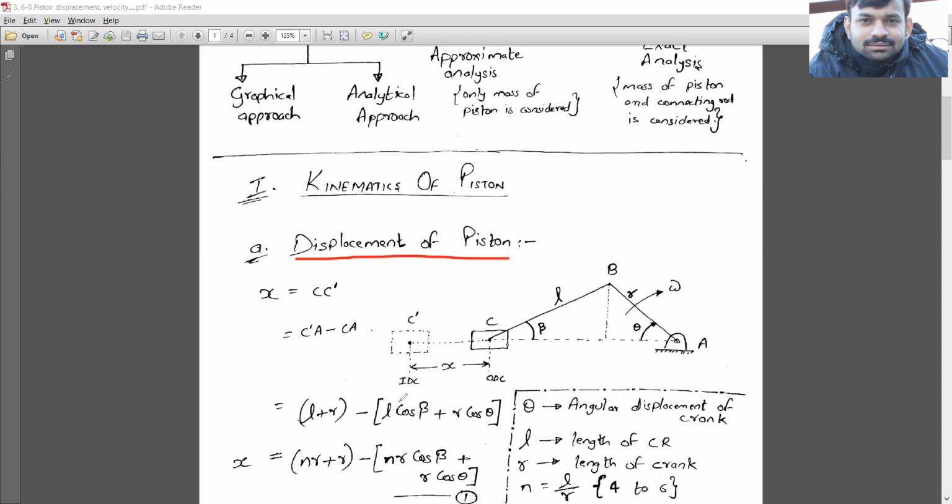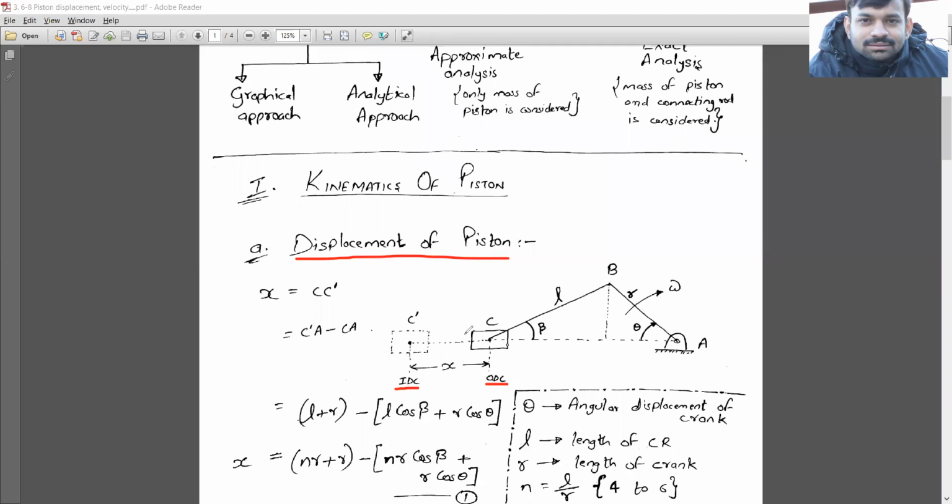So IDC and ODC are equivalent to top dead center and bottom dead center respectively. IDC is called inner dead center and ODC is called outer dead center.